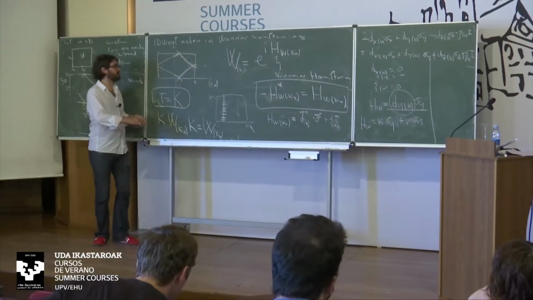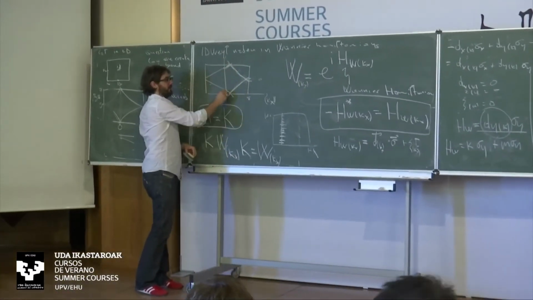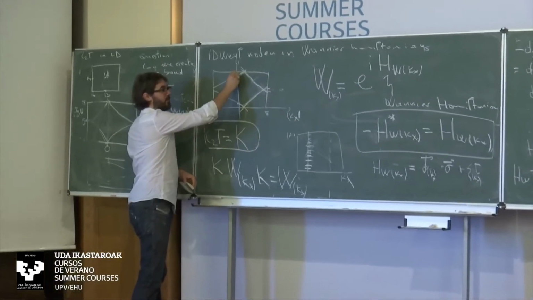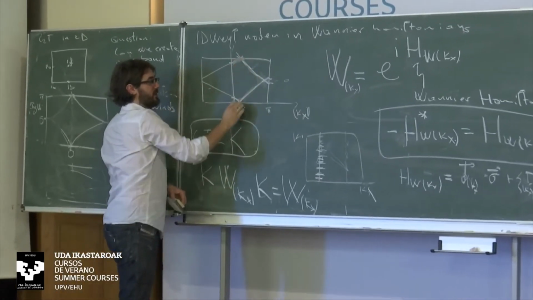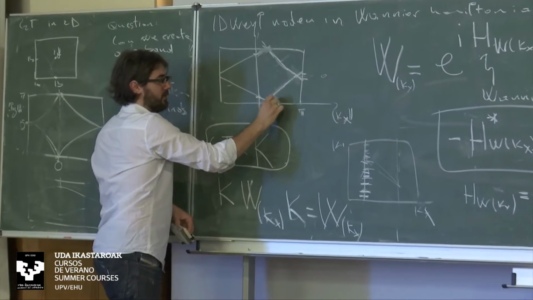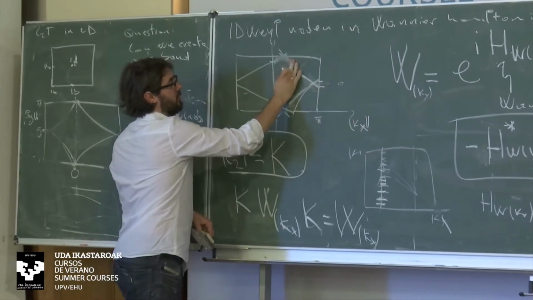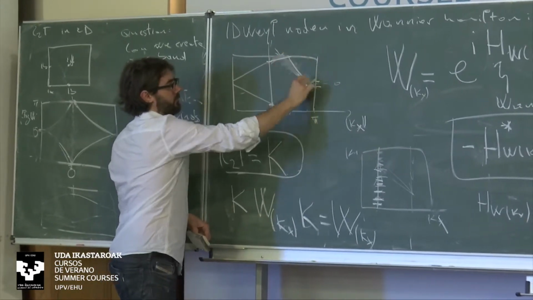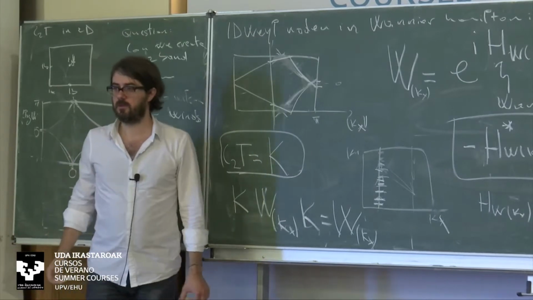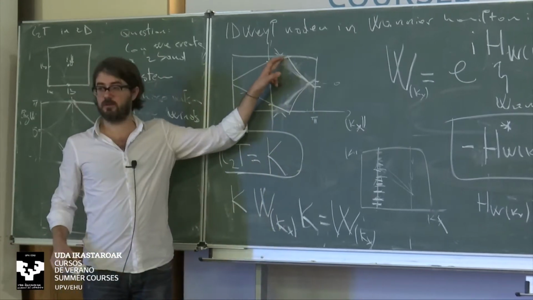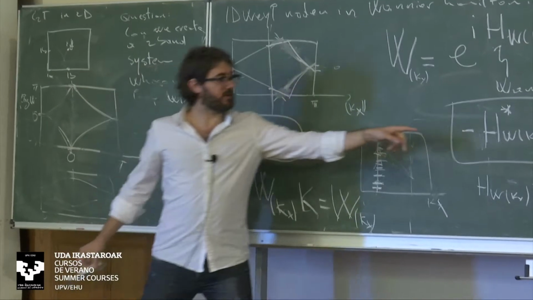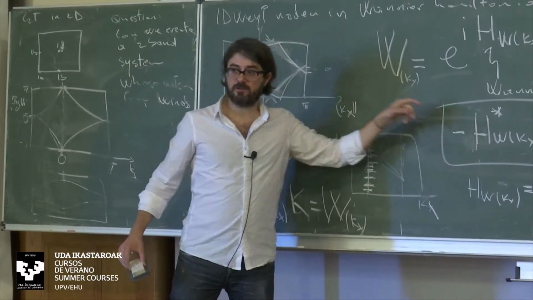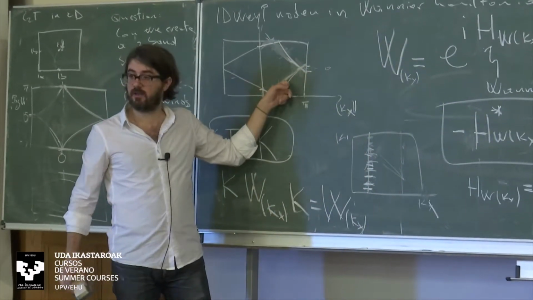And of course, locally, I can move them. I can move it in k. I can even make this crossing go further. I can do this crossing like this. But I cannot kill this crossing. And also, the eigenvalues have to come in pairs. So for every theta, you have a minus theta.